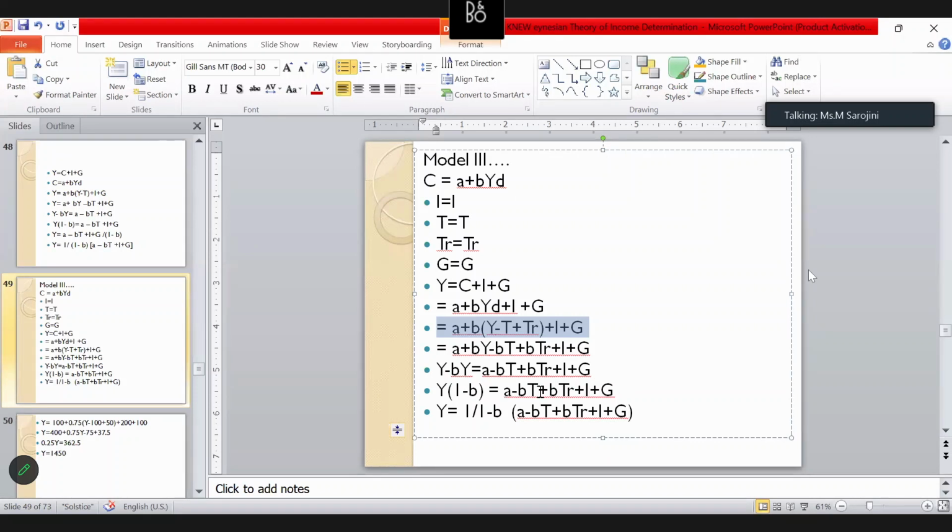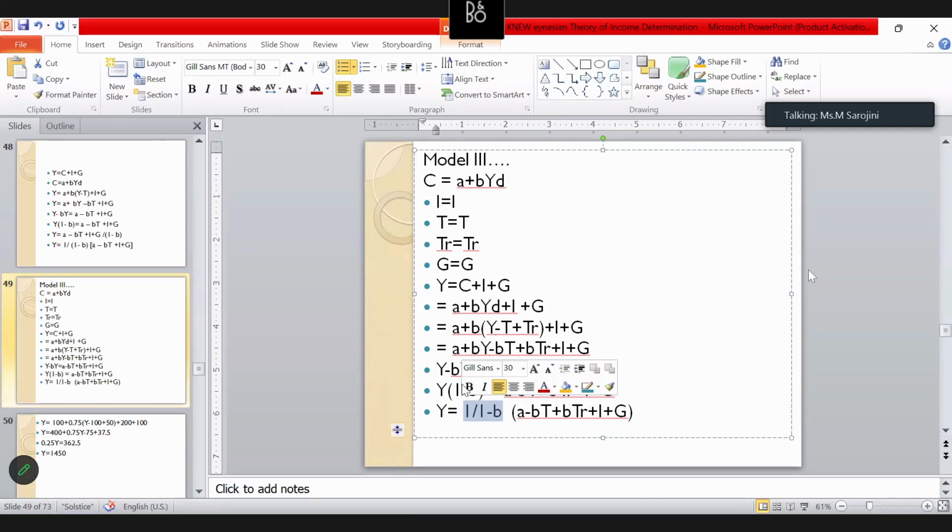Further, we can rearrange this equation. That is Y is equal to 1 divided by 1 minus B into these things. Right? Here again, this is the tax multiplier. This is the tax multiplier. Under this model, the tax multiplier as well as the investment multiplier are the same.